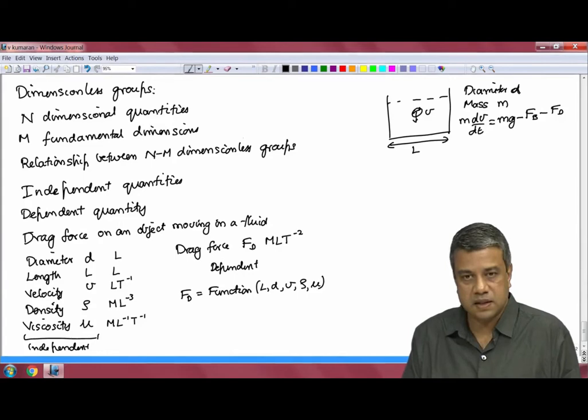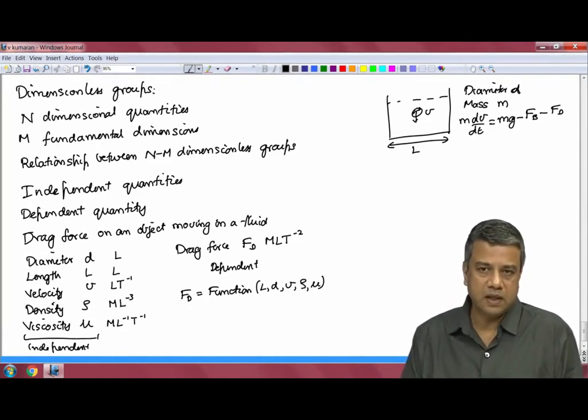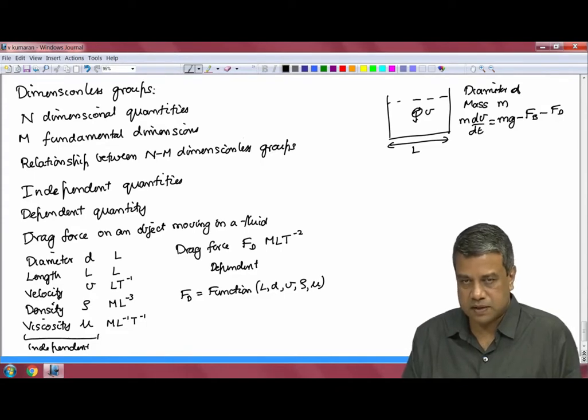So, in this case n is equal to 5 independent plus 1 dependent, that is a total of 6. There are 3 dimensions and you should be able to reduce this to a relationship between one dependent dimensionless group that involves the drag force and 2 independent dimensionless groups. So, that is the objective.